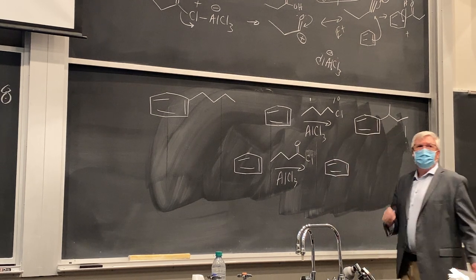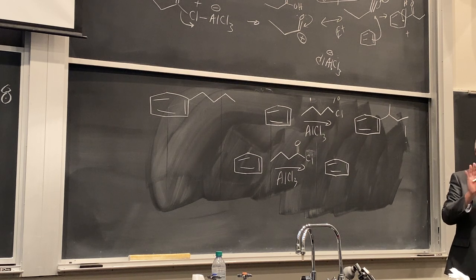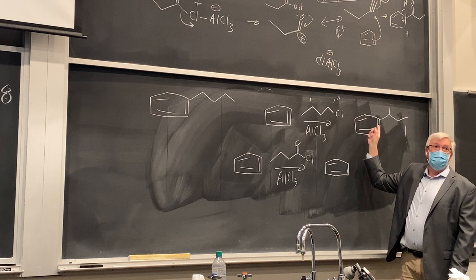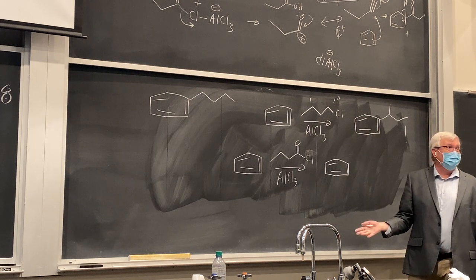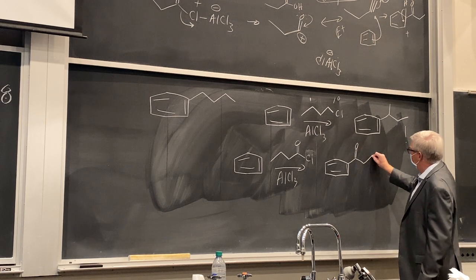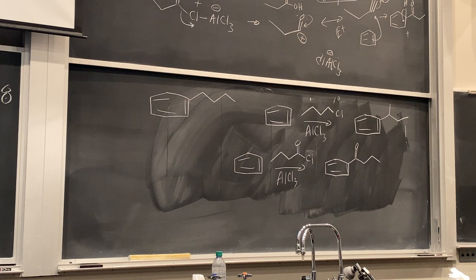And the acylium ions are resonance stabilized, so they don't undergo the rearrangements, okay? They stay right there. No rearrangements on acylation. Alkylation, yeah, we see these rearrangements because it's carbocation stuff. But here we can get the ketone. 1, 2, 3, 4. Make sure you count carbons carefully.